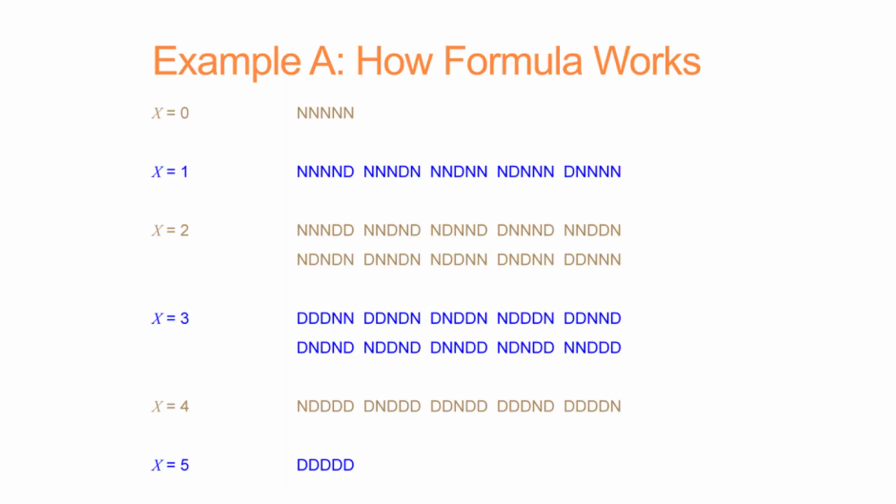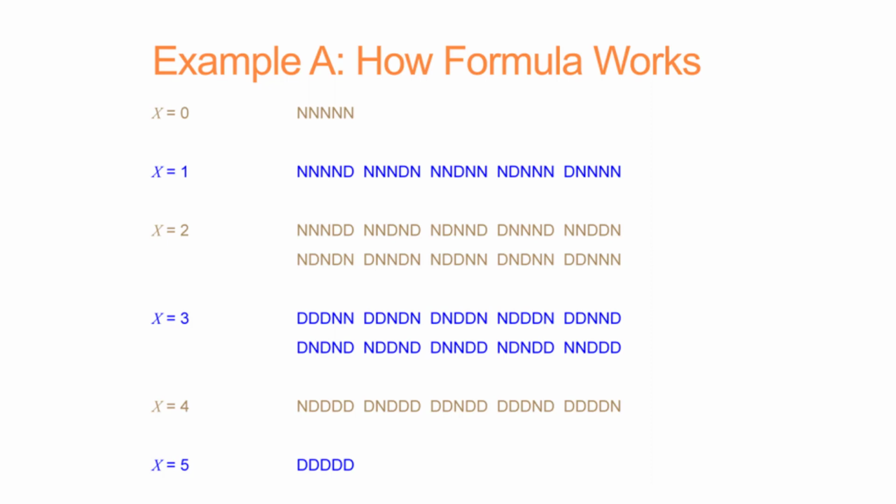Here we have the list of all possible outcomes for example A, organized by the value of x equals number of diabetics in our sample of 5 individuals. So we have x equal to 0, x equal to 1, through x equal to 5, and we have listed the appropriate outcomes for each value of x.